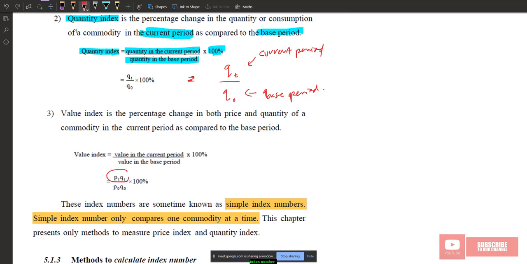Numerator is the current period, denominator is the base period, right? So this index number is known as simple index number. It only compares one commodity at a time. So if you want to compare the petrol price, one petrol price at a time, right?